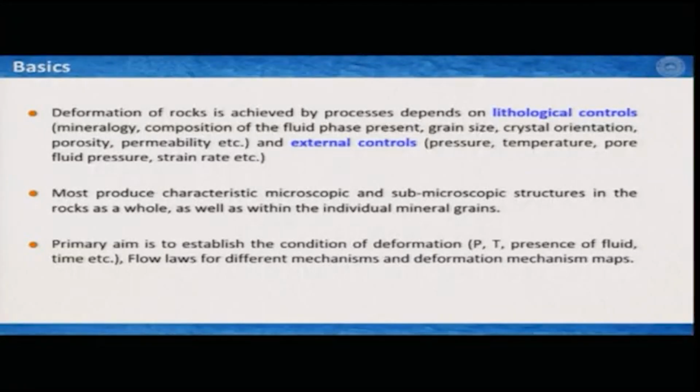So deformation of rocks, as I told in the last lecture, is achieved by various processes, and it is now quite obvious and well established that no matter how large the scale of the deformation is, deformation does initiate at a very small scale, in the crystal scale.